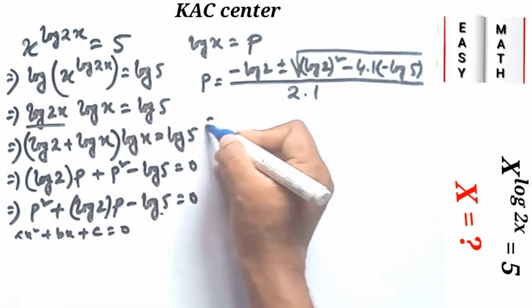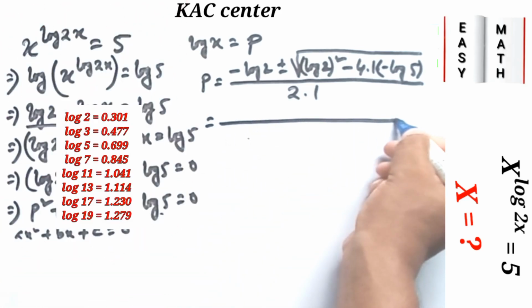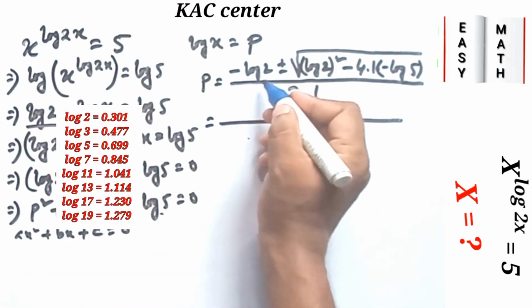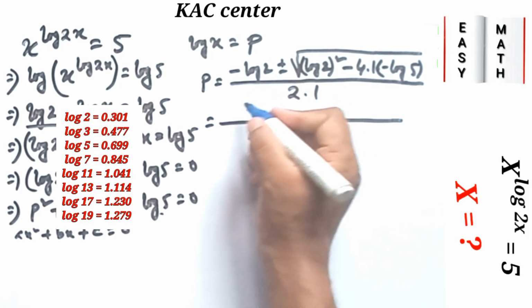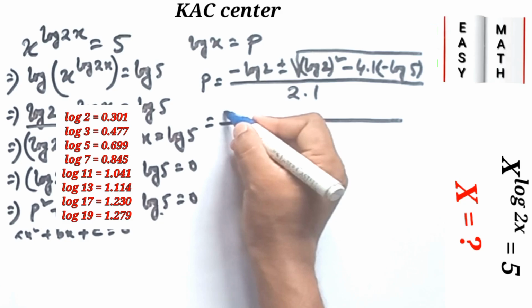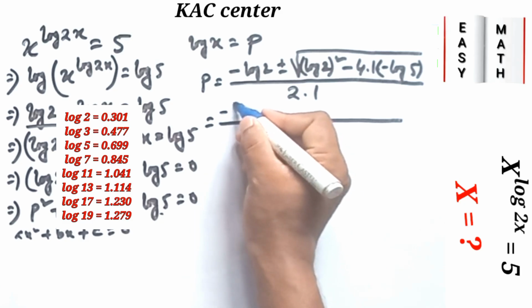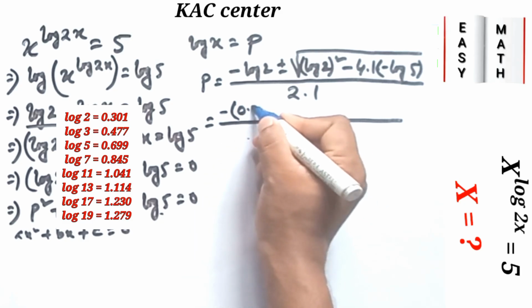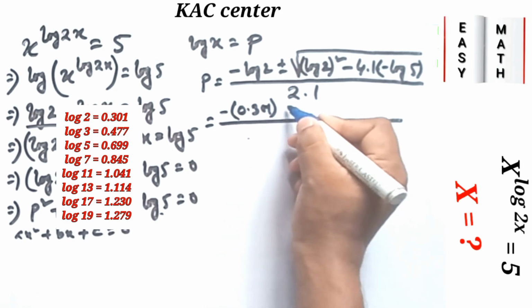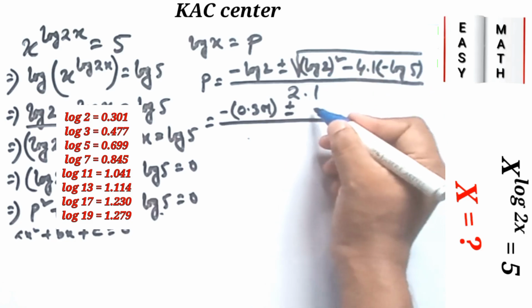So now we put the value: the base 10 log 2 value is minus 0.301, and plus minus this root.